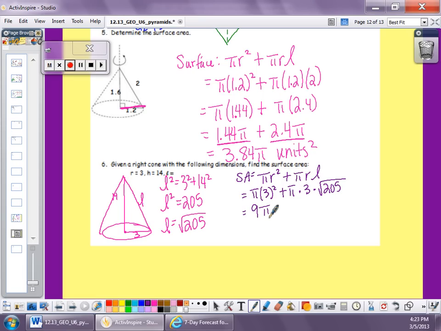So this is 9 pi plus 3 pi the square root of 205. If you were writing it the way I want you to write it, this would be your answer, and it would be unit squared. For some of you, this is approximately 163.217 unit squared.